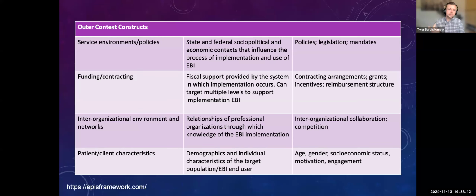So when we think about policies, legislation, mandates, funding and contracting, so fiscal support provided by the system in which implementation occurs, this can target multiple levels to support the implementation of the evidence-based intervention. This is something that we deal with on a day-to-day basis when it comes to implementing syringe services programs within counties.